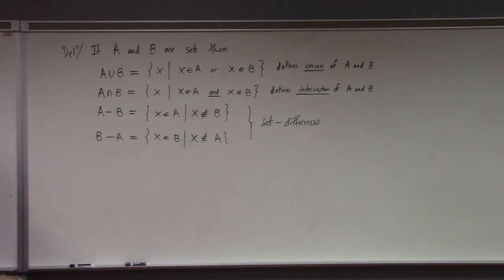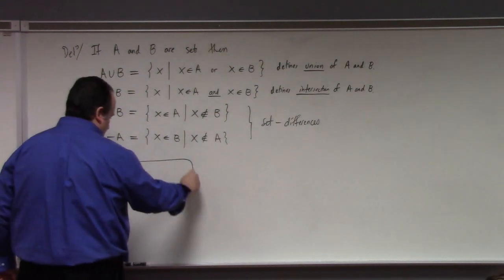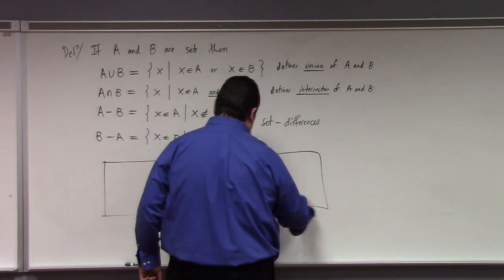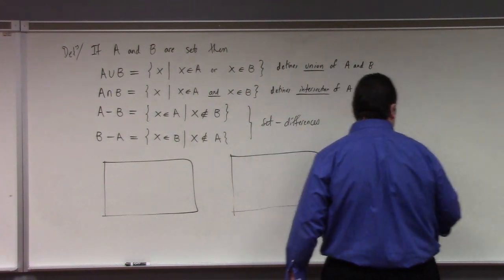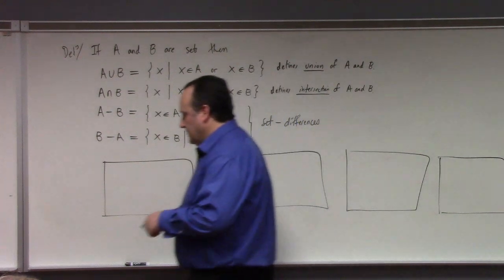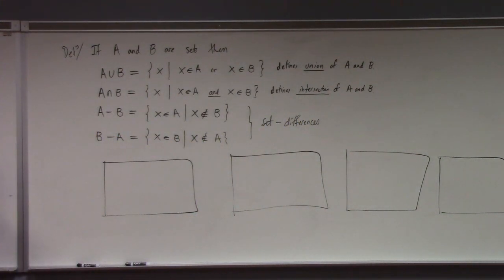All right. So like I said, I wanted to add some pictures. So typical picture, you draw a box like so. The box is supposed to be the universe, which we'll talk more about next time.